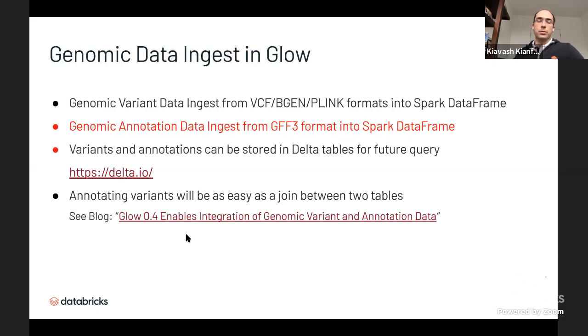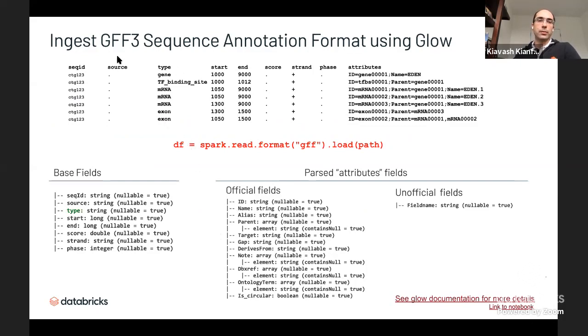I just want to talk a little bit about the ingest of annotations before moving on to the manipulations. So the GFF3 format, if you are familiar with it, is a simple tab-delimited text file with 9 columns, where the first 8 columns you can read about their definitions on the GFF3 website, but the last column, attributes, includes the gist of the annotations.